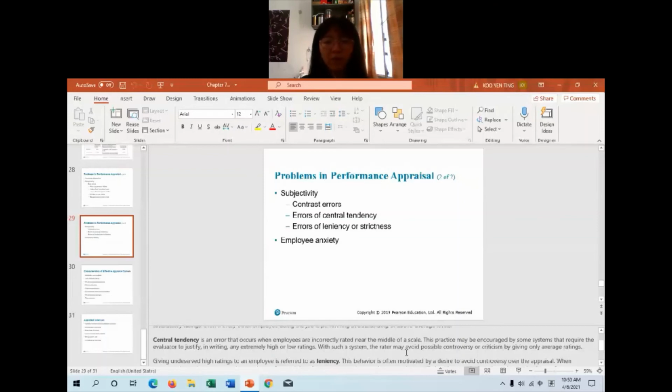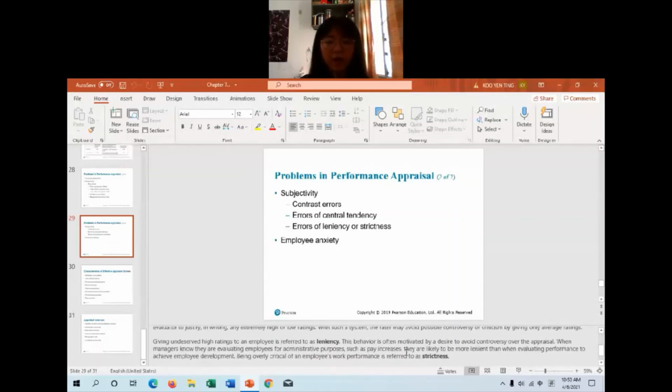This practice may be encouraged by some systems that require evaluators to justify in writing any extremely high or low ranking. Giving undeserved high rankings to an employee is referred to as leniency. So problems in performance appraisal include contrast error, error of central tendency, and error of leniency.